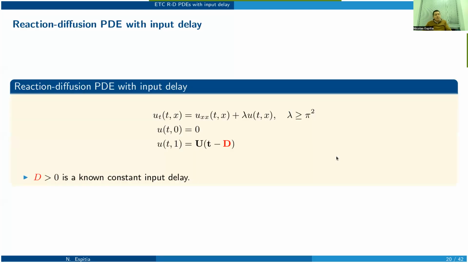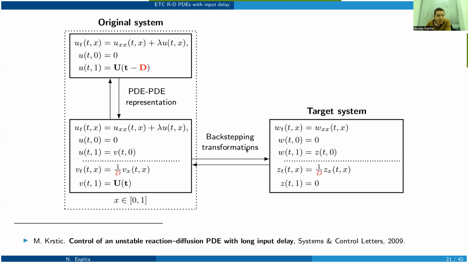Okay, so we studied the same class of system, but now notice that there is a delay in the input, a known constant input delay. Having a delay in the input changes quite a lot of things, and it brings more challenges. Delay compensation for this class of system was solved by Miroslav in 2009 using the backstepping approach.